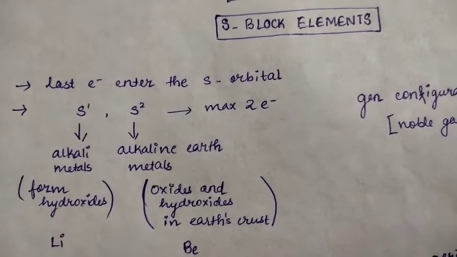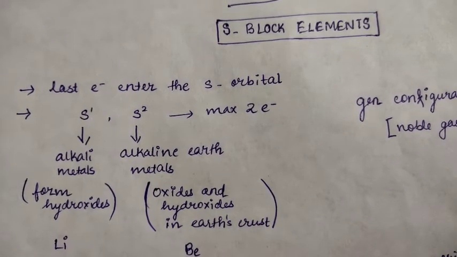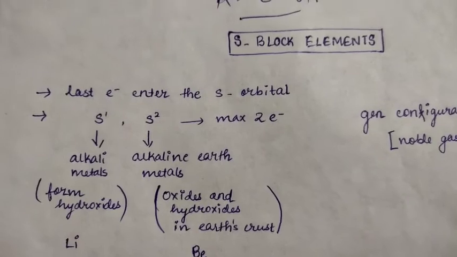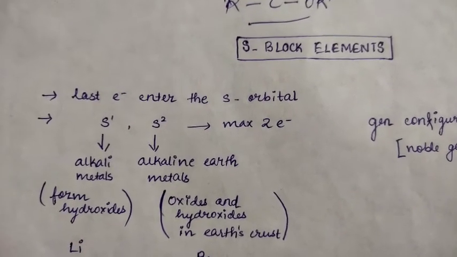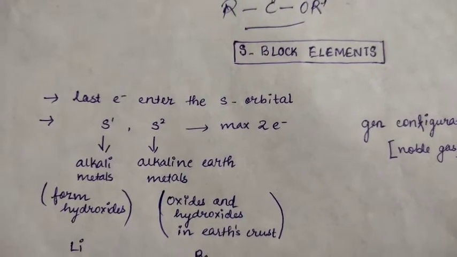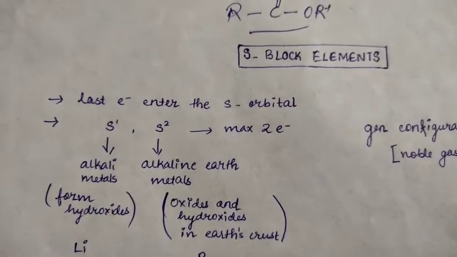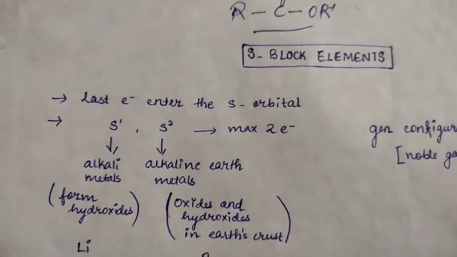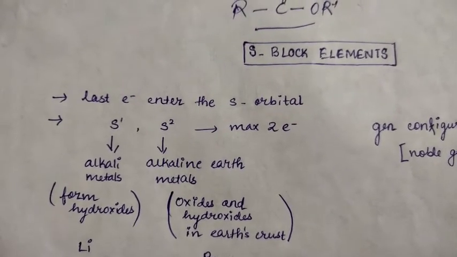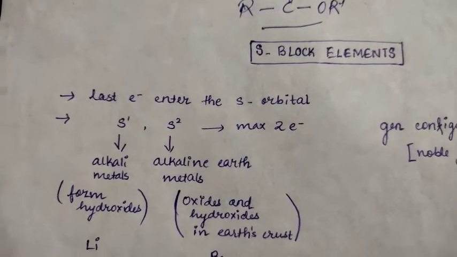What if more than 2 electrons are there, like for aluminum? Then that electron will go to other orbitals, because S can have only 2 electrons, and the remaining electrons will go to other blocks. Like 3s is full, so it will enter the 3p.